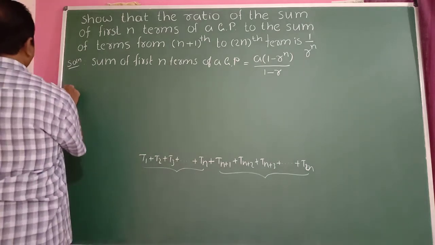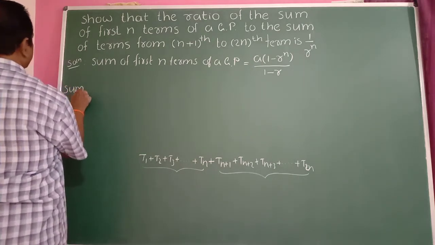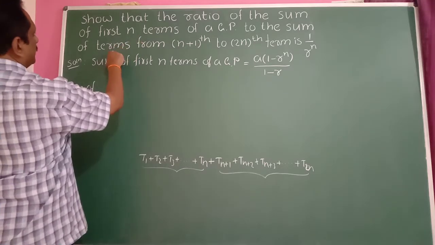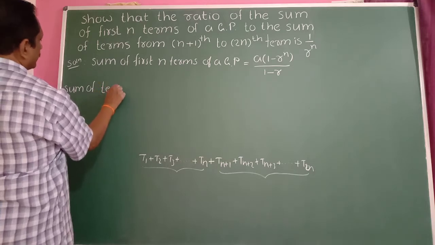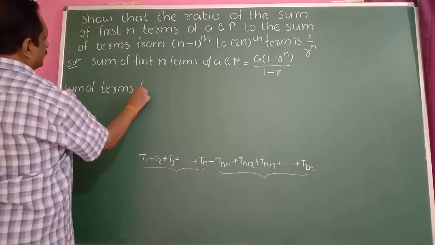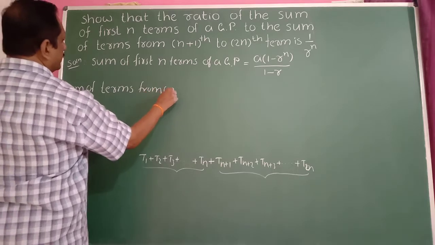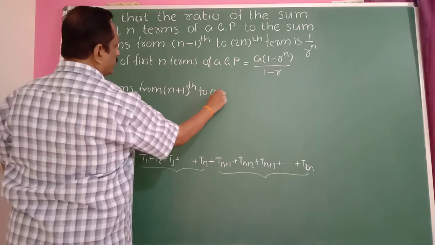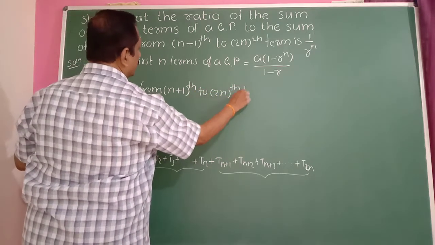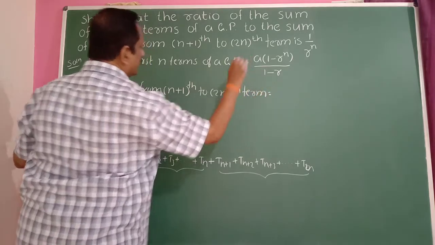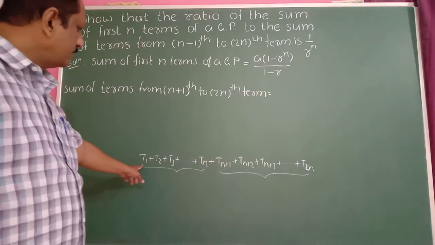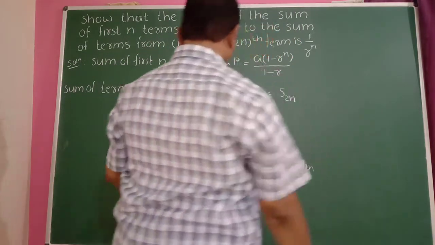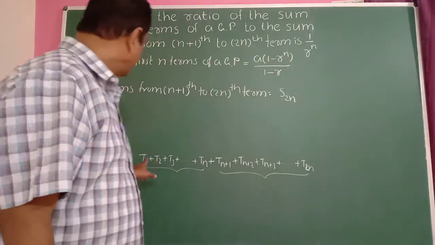So the sum of terms from n plus 1 to 2nth term is equal to, from first to last, the sum S of 2n, which is from first to last.